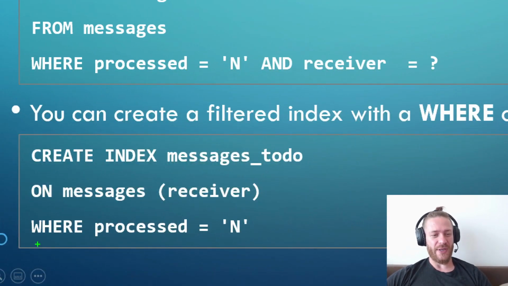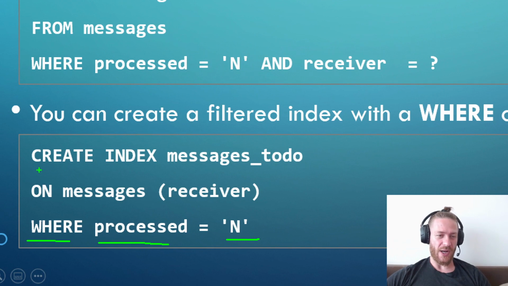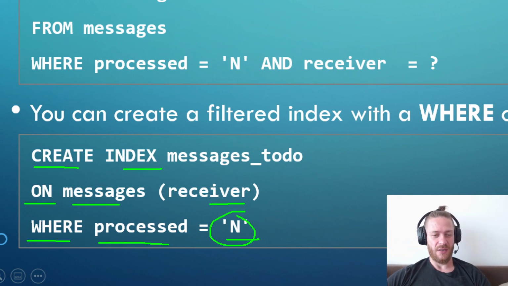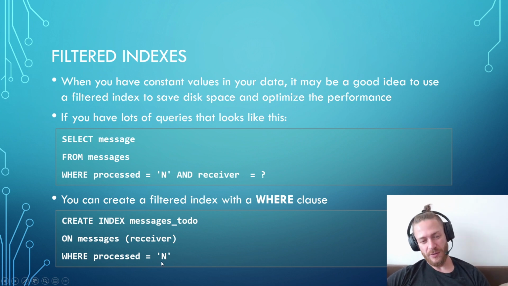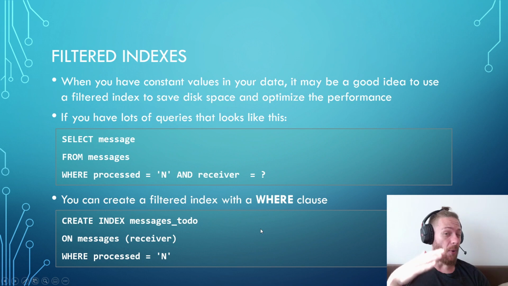You may do it with SQL. Directly create index on messages where processed equals n. So you will create an index only on the values which have the processed column equal to n, and that will make the index smaller.